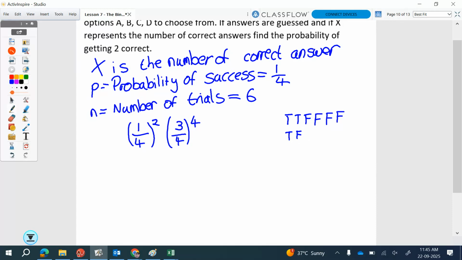Can I still end up getting two right? Yeah. But there are other combinations, aren't there? I could get the first one correct, the second two wrong, and then the fourth one right.